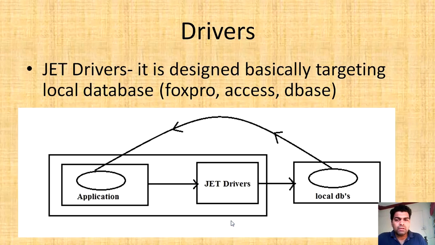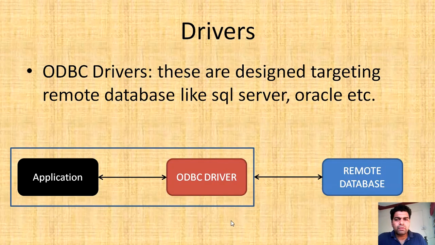Since JET drivers are designed to target local databases, there is one more category of driver, that is the ODBC driver, which is designed targeting remote databases. Many remote database software are available like SQL Server and Oracle, and these all are remote databases. So what would happen in this ODBC driver?